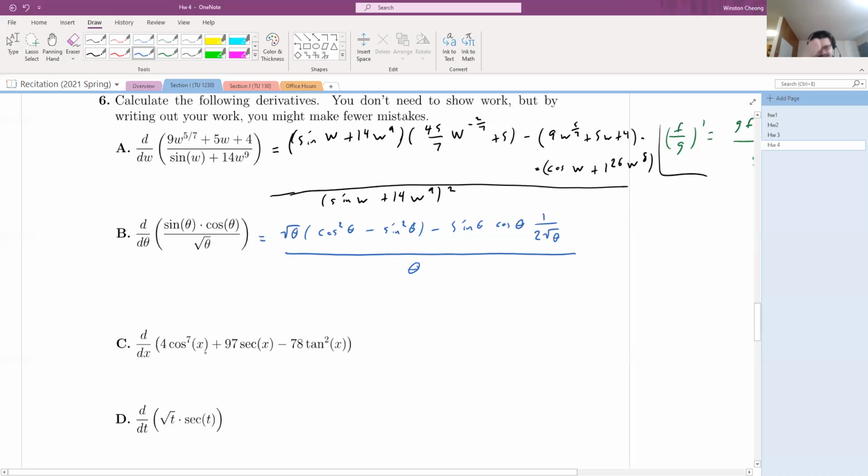So usually when I explain this, what I have to tell people is to really rewrite this. So you've got this cosine function, and then you're raising the entire function to the 7th. Because this notation makes it easy for you to confuse yourself when you're taking the derivative.